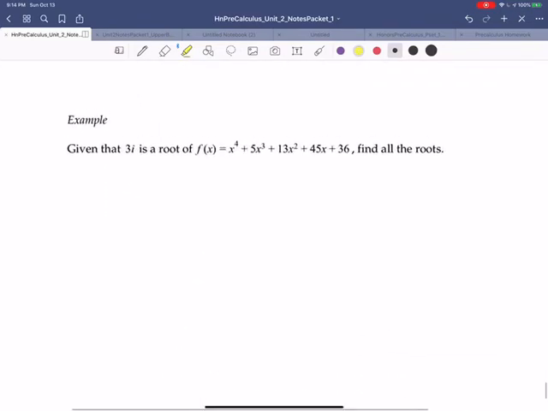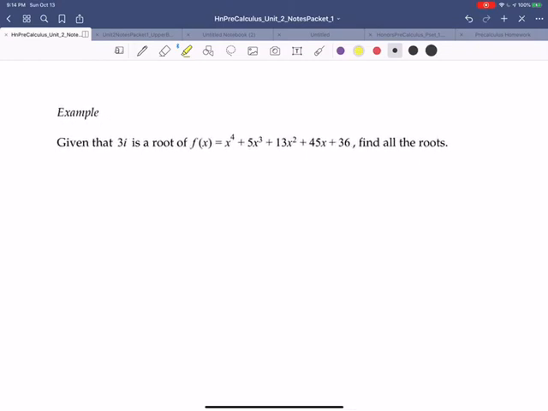Now we have one last example. Given that 3i is a root of f of x equals x to the fourth plus 5x cubed plus 13x squared plus 45x plus 36, find all the roots. So the first thing to notice is that we have all real coefficients.